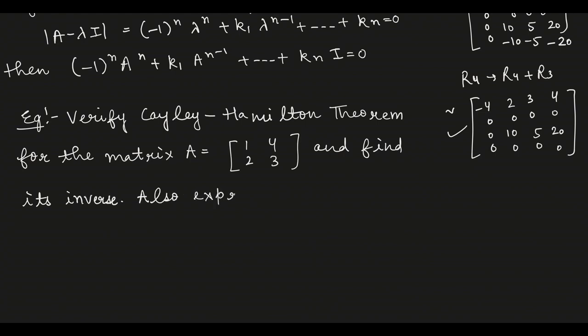Also express 4A^3 - 3A^2 - 12A - 5I as a linear polynomial in A.